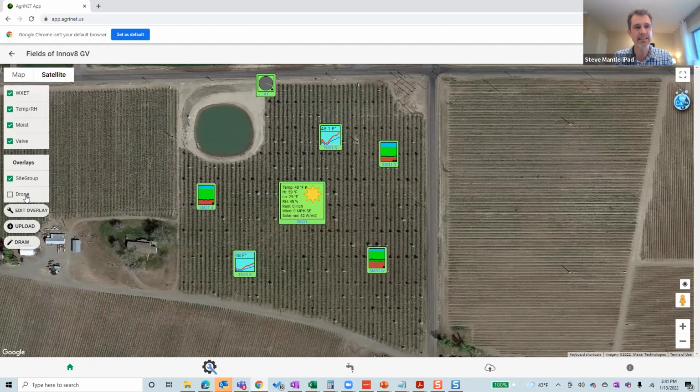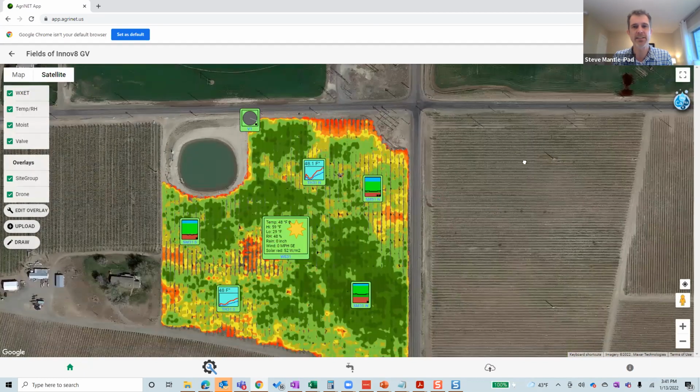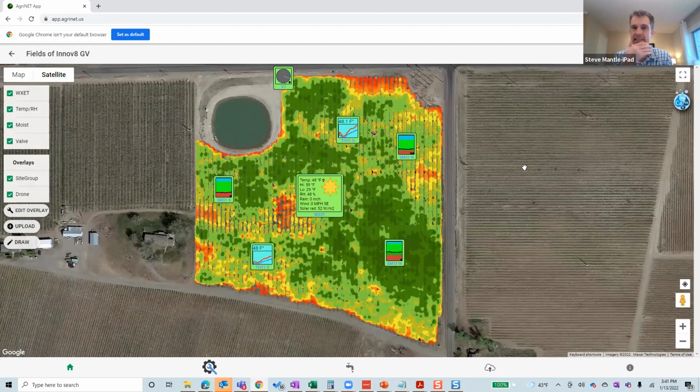And second, we can overlay other sources of data. This just happens to be from Ceres, who does fixed-wing flyovers as a variation on a drone, except they're doing it by airplane. And so we can bring that data in so that you can take a look at that as a layer.